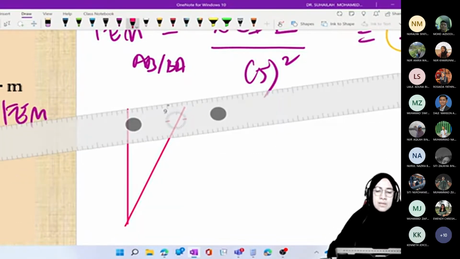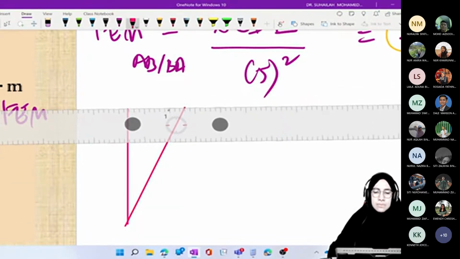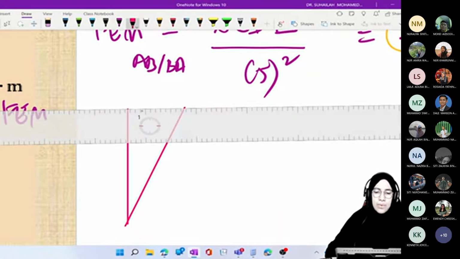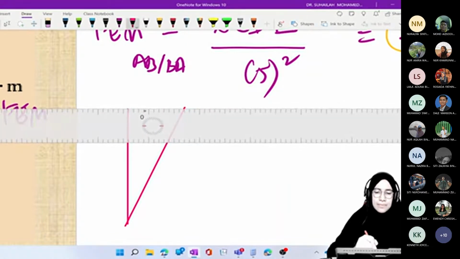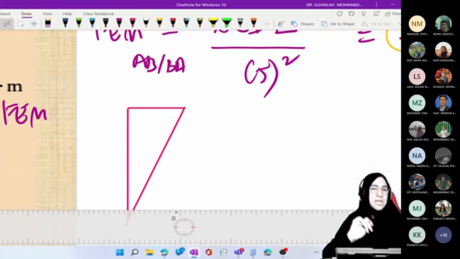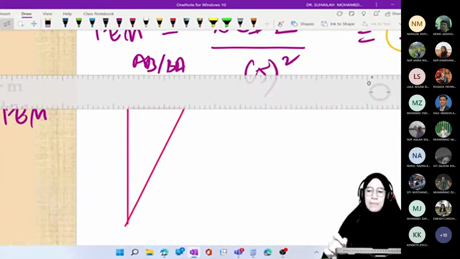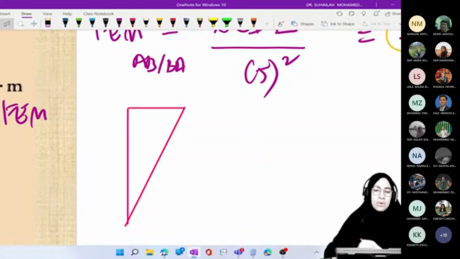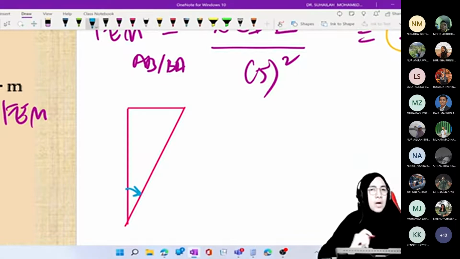So we get triangular like this, for both AB and CD. It moves from vertical to a new position. This will be the delta prime.